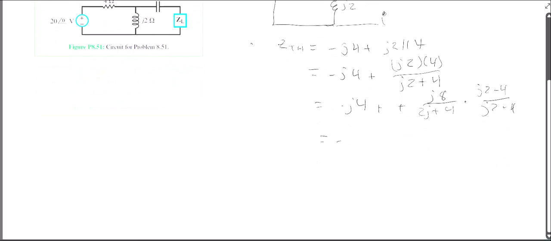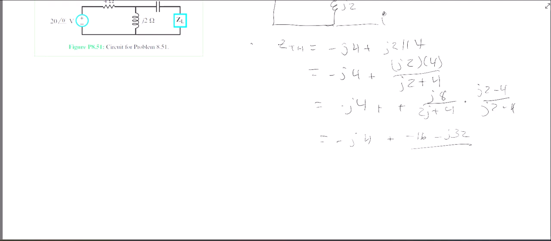My laziness factor is what's actually going to take more energy, to open up the calculator and do this, or do it on my own. So J8 times J2 is minus 16, minus J32 over J2 times J2.